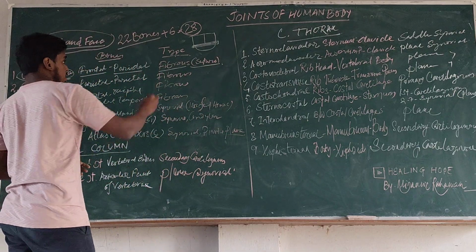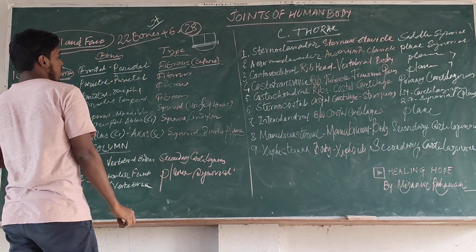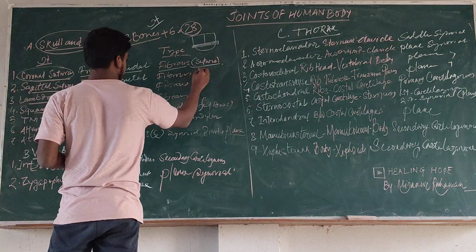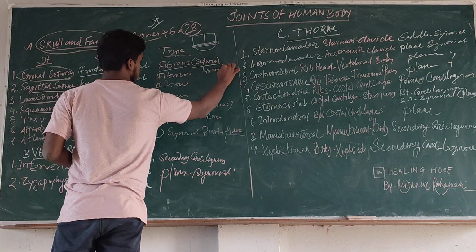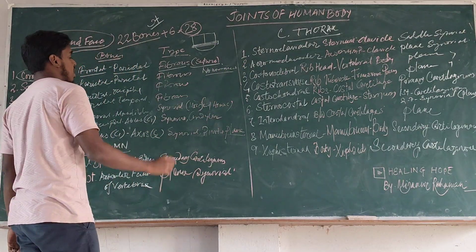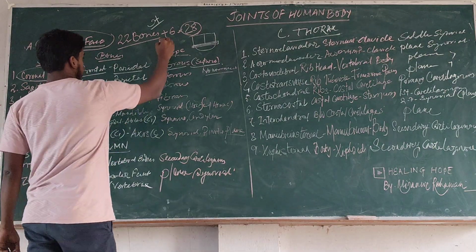And we know that in the joint classification there are synovial joint, fibrous joint, cartilaginous joint. Fibrous joint has no movement. In case of the cartilaginous joint, there is slight movement, and in synovial joint there is full movement.